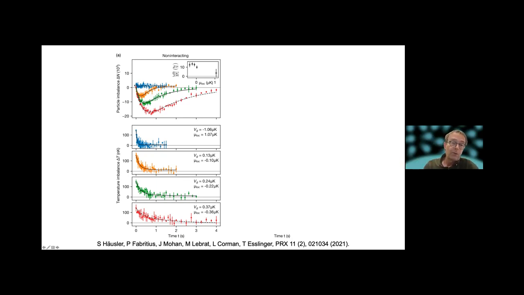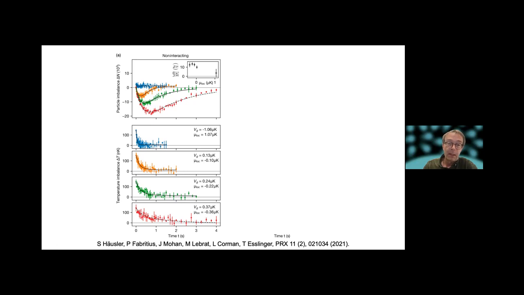And we also see here, that's the blue curve, a curve where only the temperature equilibrates, but there's no particle current. Well, there are of course particles flowing, but the particles flowing from left to right and right to left, this current is balancing.